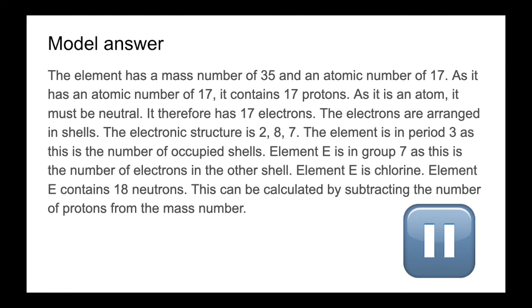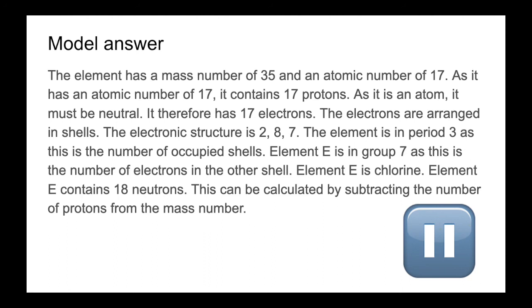You can also work out that the element is in period 3, because that's how many shells there are: 2 in the first, 8 in the second, and 7 in the third. So if there are 3 shells with electrons in, it's in period 3. And we also know it is in group 7, the columns going down the periodic table, because it's got 7 in its outermost shell.